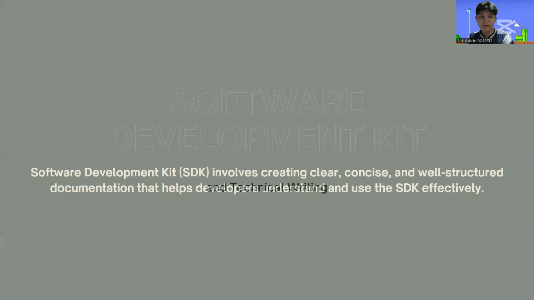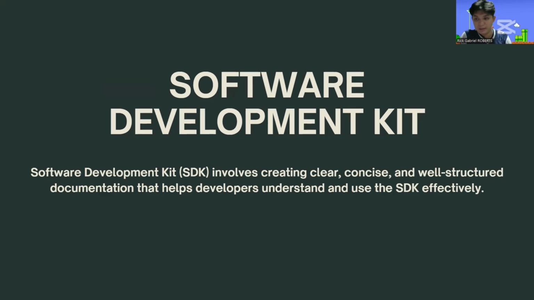A software development kit includes clear, concise, and well-structured documentation to help developers understand and use its features effectively. When we talk about documentation, again, documentation is the manuals or tutorials or reference guides that provide detailed instructions.